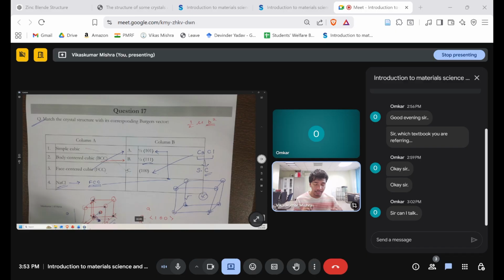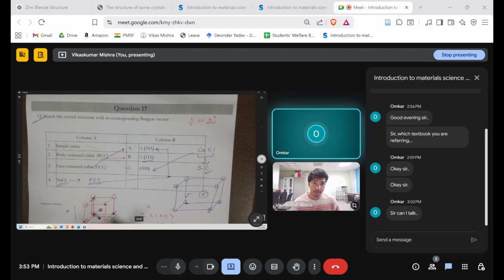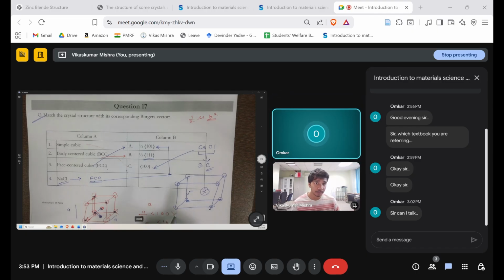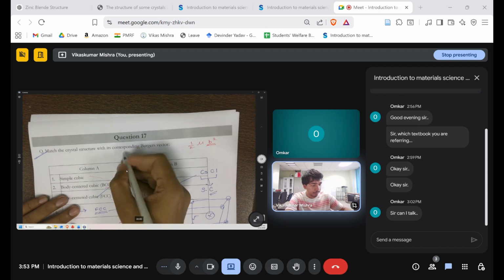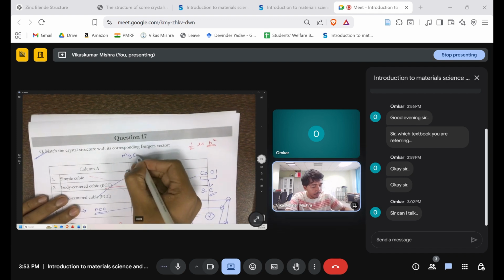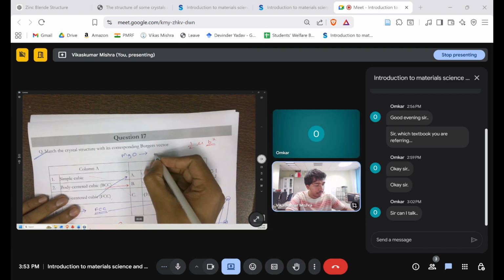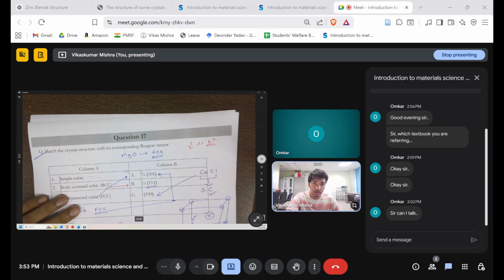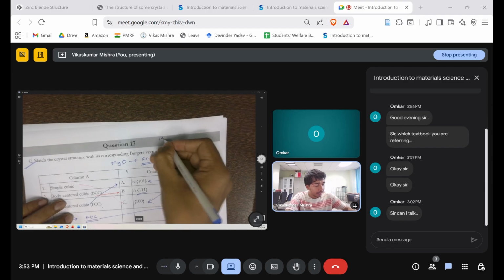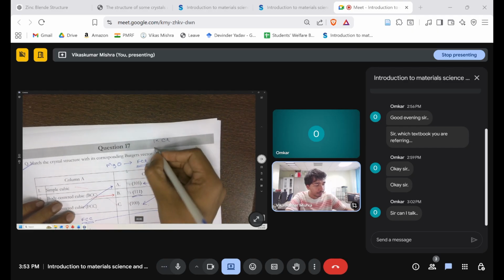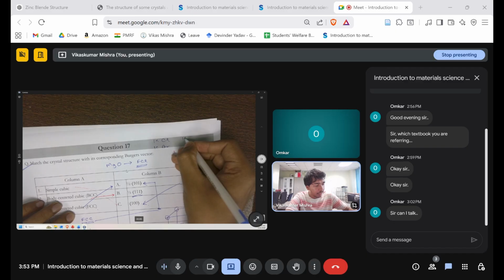Okay, great. Any other doubt, Omkar? Sir, apart from NaCl and CsCl, can you name any other compounds? Yes, for example, MgO, they can ask. MgO is again, I think, FCC. Yes, it's FCC. Besides NaCl, there are KCl, KBr, KI.